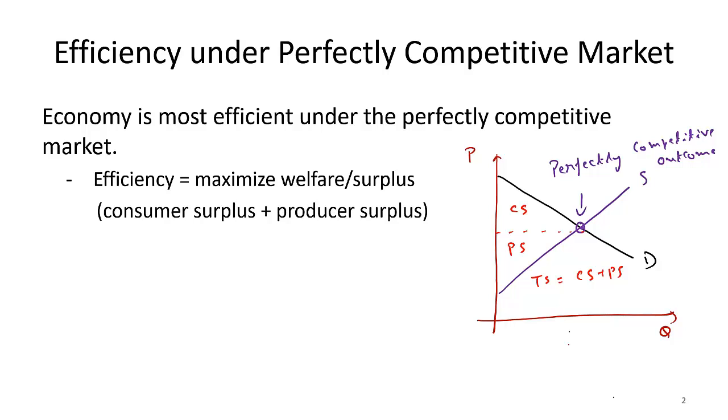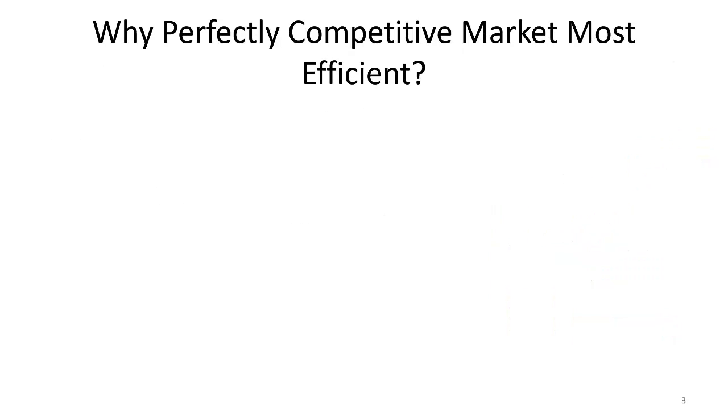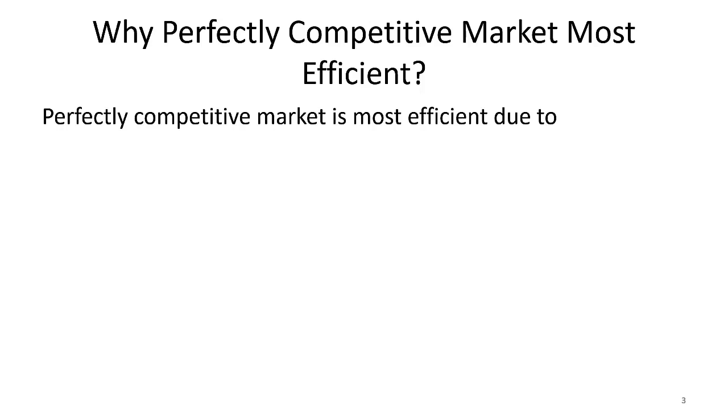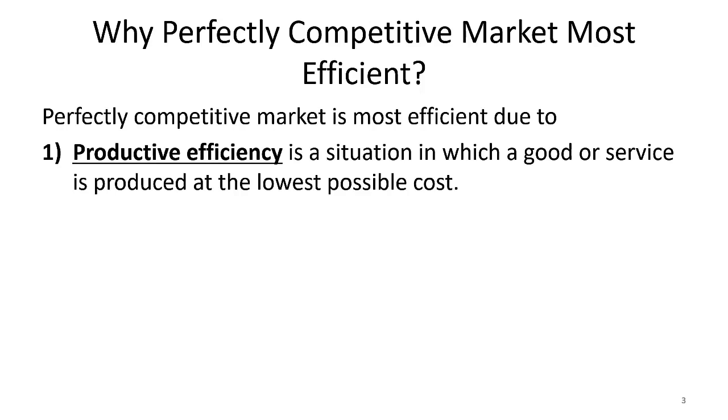Now the question arises, why is a perfectly competitive market most efficient? There are a couple of reasons for this. A competitive market is most efficient because of, one, productive efficiency. It means that it is a situation in which a good or service is produced at the lowest cost possible.